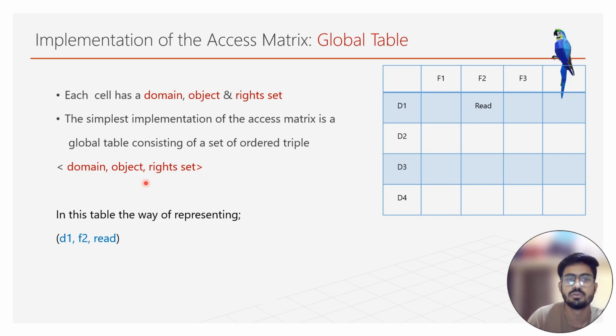First we use the domain, second the object, and third the right set, such as read, write, execute and so on. In this table, we can represent this as D1, F2, read. This is the representation of the global table.